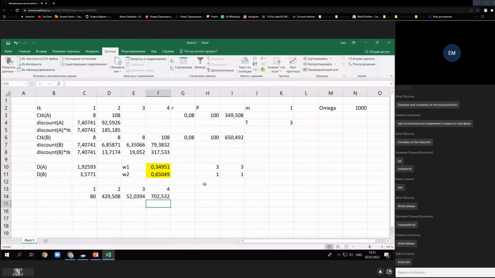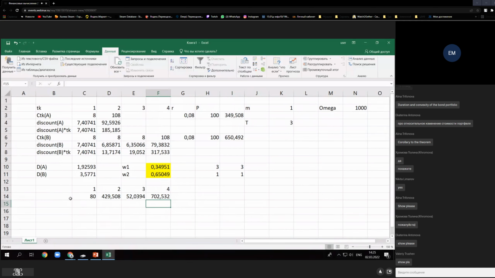That's all. So this is the future cash flow in our bond, no problem. This is the construction we are investing in our bond portfolio, nothing difficult.